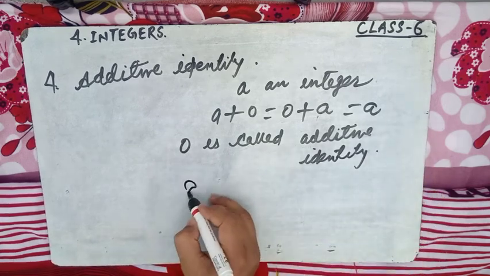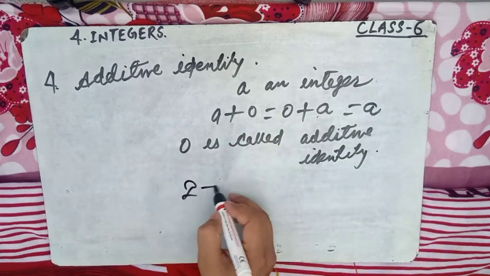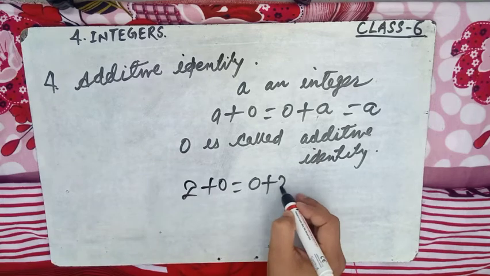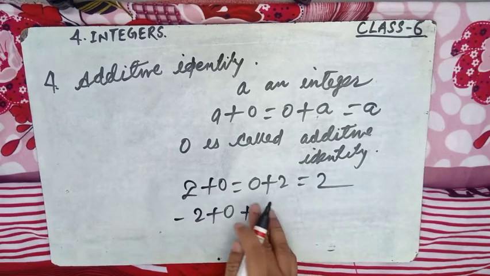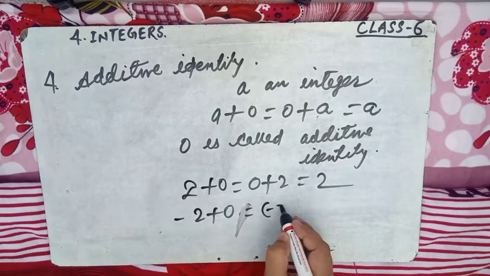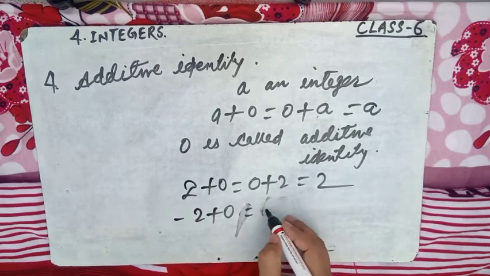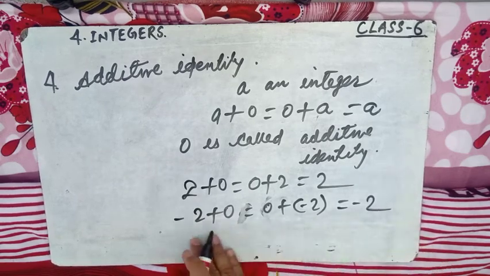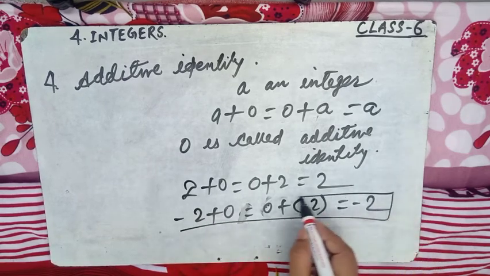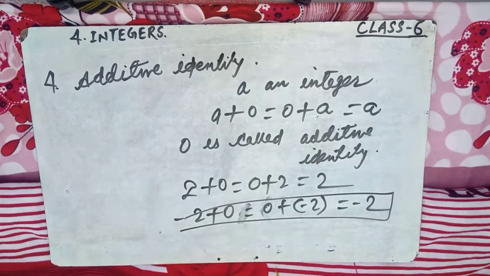For example, suppose 2 is a. 2 plus 0 is equal to 0 plus 2, always 2. Minus 2 plus 0 is equal to 0 plus minus 2, which is equal to minus 2. So here 0 is called the additive identity. I hope you understand very clearly.